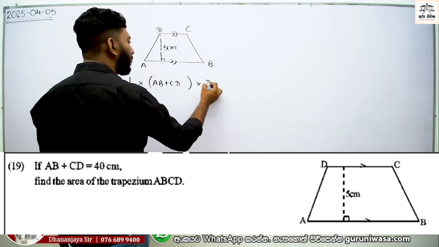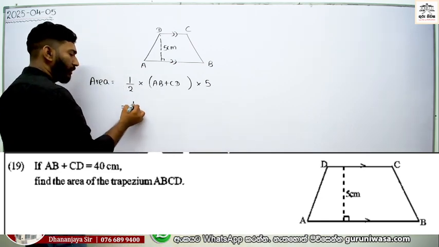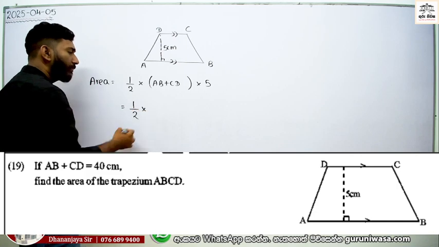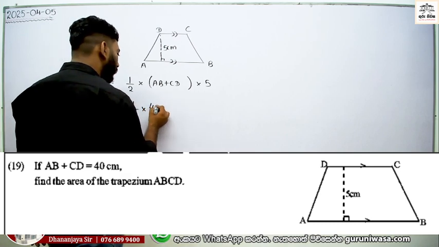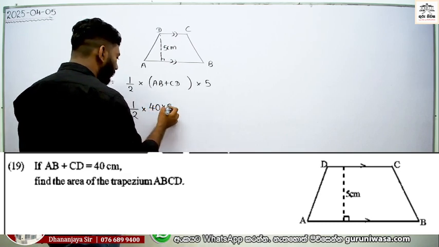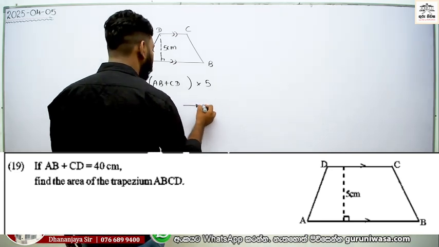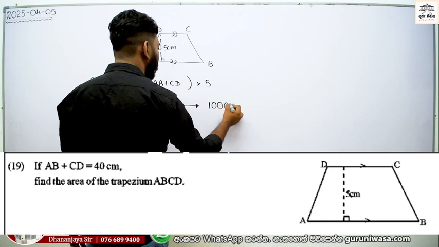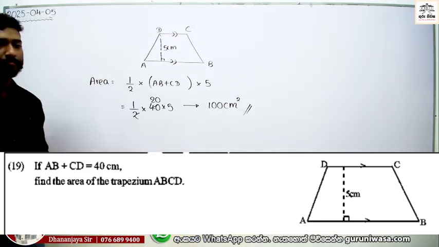You can call the distance between them 5 cm. Now you can simplify. Half multiplied by AB plus CD, which is 40, and multiplied by 5. 2 times 1, 2 times 20. 20 times 5 becomes 100 cm squared.